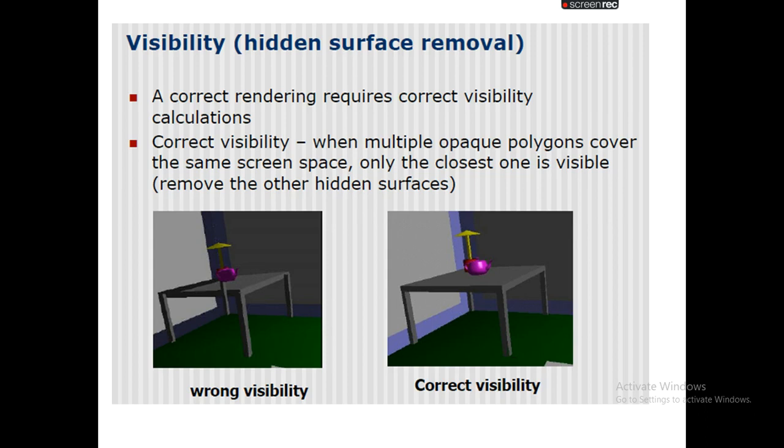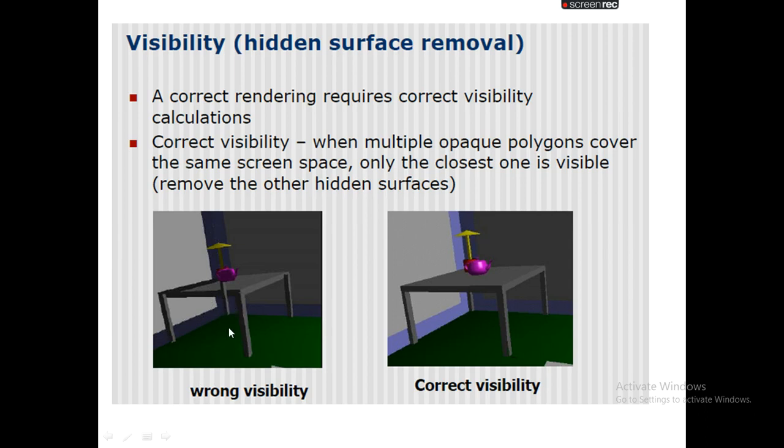As you can see in this diagram, if I want to display this three-dimensional object on the monitor screen, this is the wrong way of displaying it, because when you view this object from the front, the fourth leg of the table is not visible.